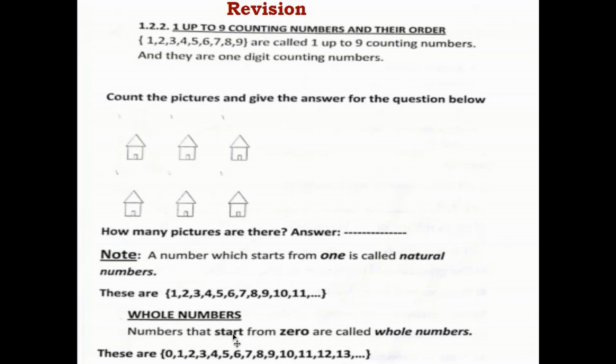Whole numbers start from 0. That's the difference. We have seen this last time. And also we call naturals counting numbers, because we use naturals to count objects, to count persons, wherever. That's why they are counting numbers.